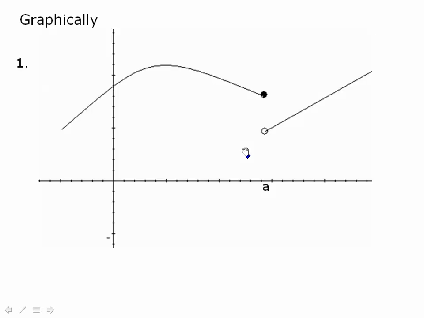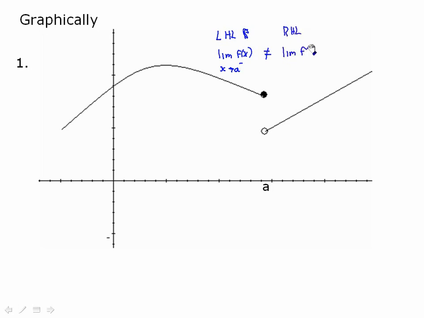Now, graphically, if we take a look at this, this doesn't have any numbers assigned to it. There's a, and if you were to note by inspection, the left-hand limit. So the limit of this function f of x as x approaches a from the left does not equal the right-hand limit.